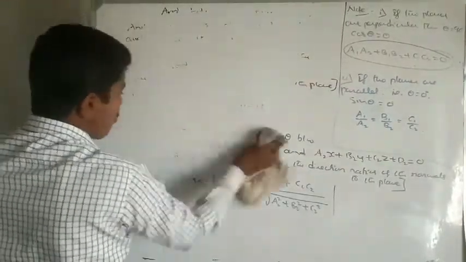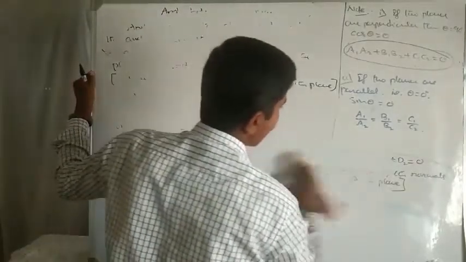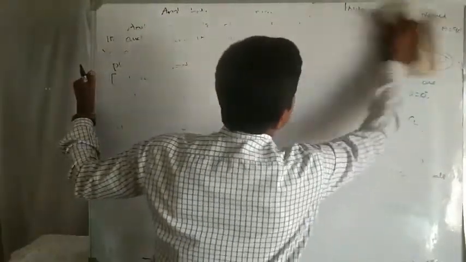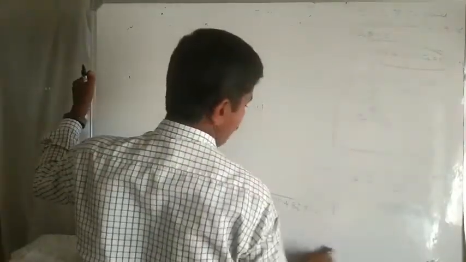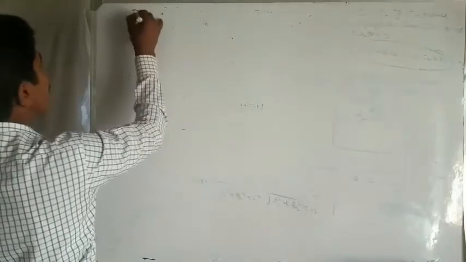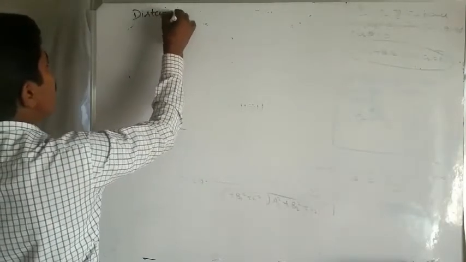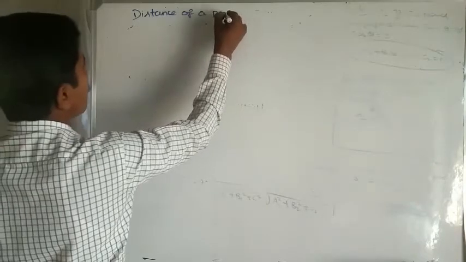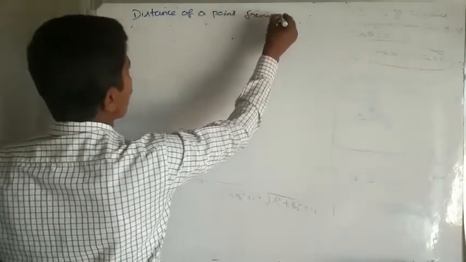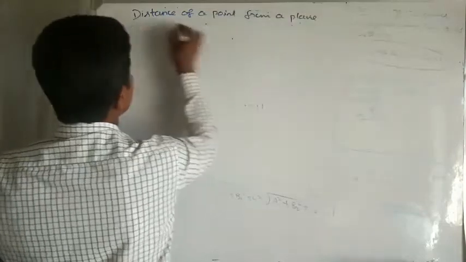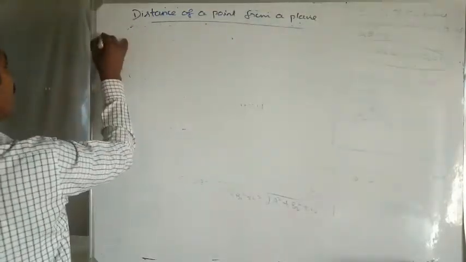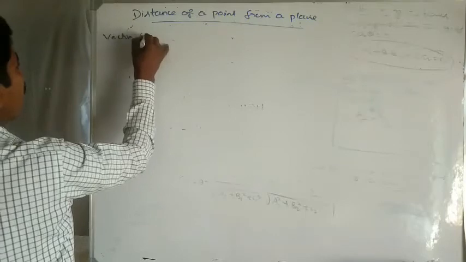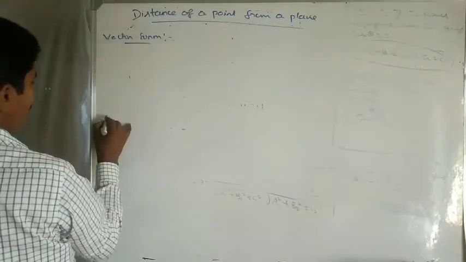So next one, distance of a point from a plane. Vector form, Cartesian form.